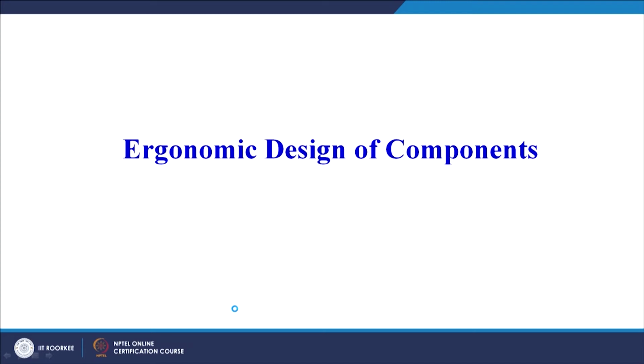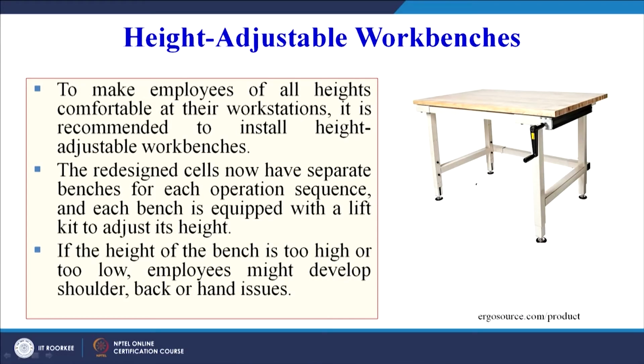So let us see now, when a worker is working on the assembly line, what are the various types of components that need to be used by the operator. So first thing, as I have already highlighted, is the workbenches. So this is one workbench. So let us quickly read, as I have already highlighted here, height adjustable workbenches.